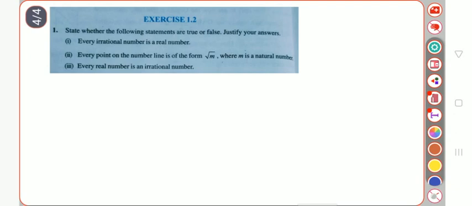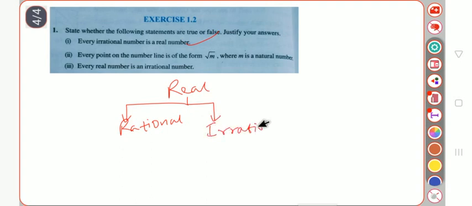The first statement is: every irrational number is a real number. Whether it is true or false, we have to check. I have discussed earlier that real numbers have two parts, rational and irrational.